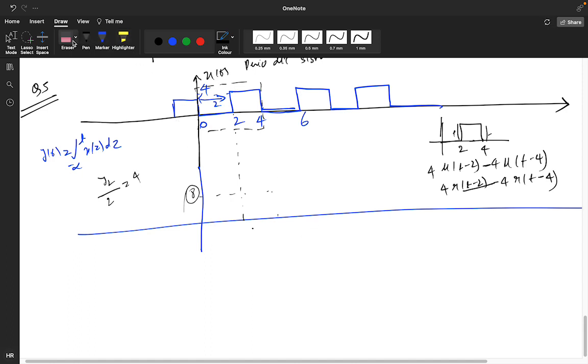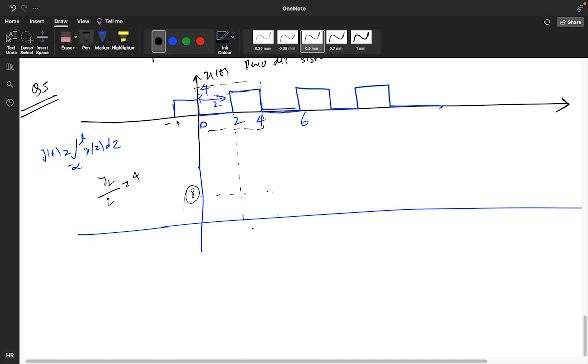Suppose I'm considering from minus 2 to 0. You will understand like this. What will be the equation? This is 4, so 4 u of t plus 2 minus 4 u of t minus 2.